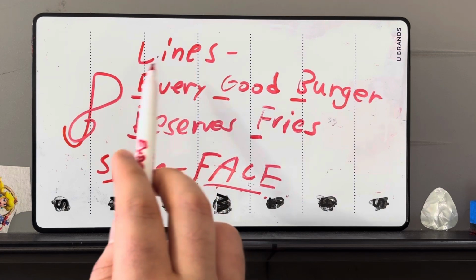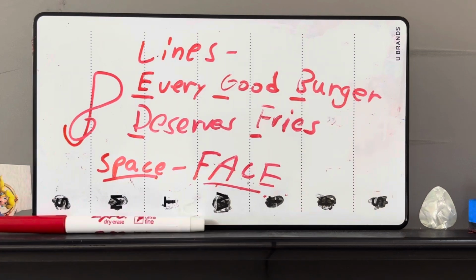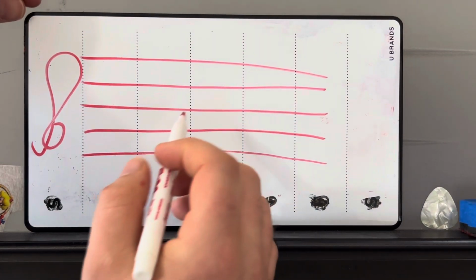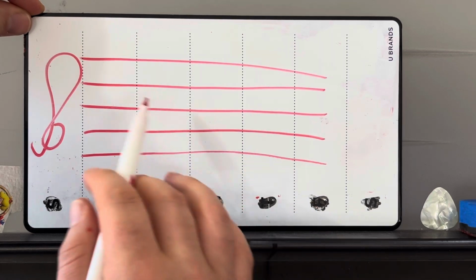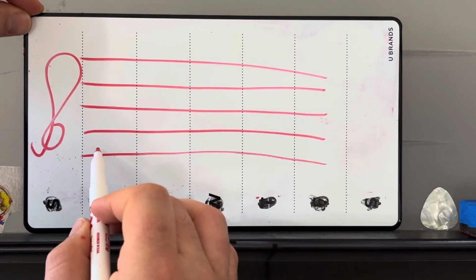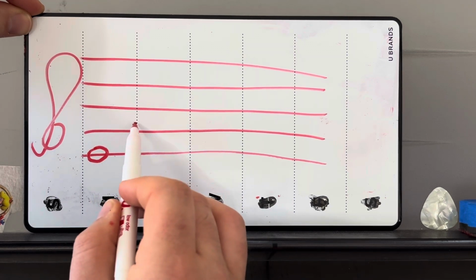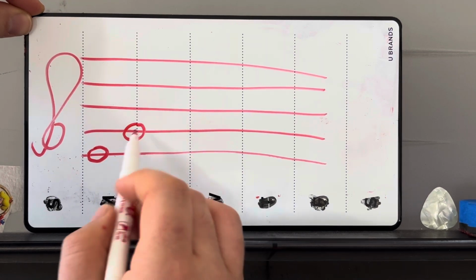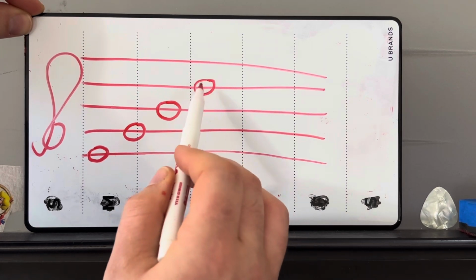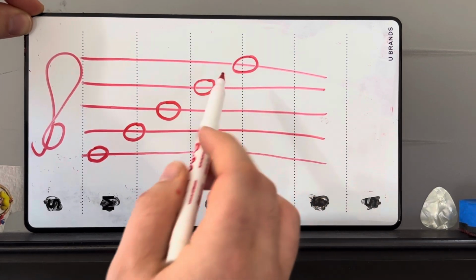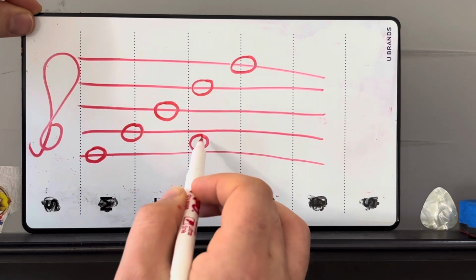Now let me show you on the staff how you would place these notes one more time. Okay, so here's how you would use the sentence and the word face. So you start on the bottom line, and the line phrase was every, which starts with E, so this is an E. Good is the second line, G. Burger starts with B. Deserves starts with D, and fries starts with F. Okay, and then face, you simply just spell out face from the bottom to the top.